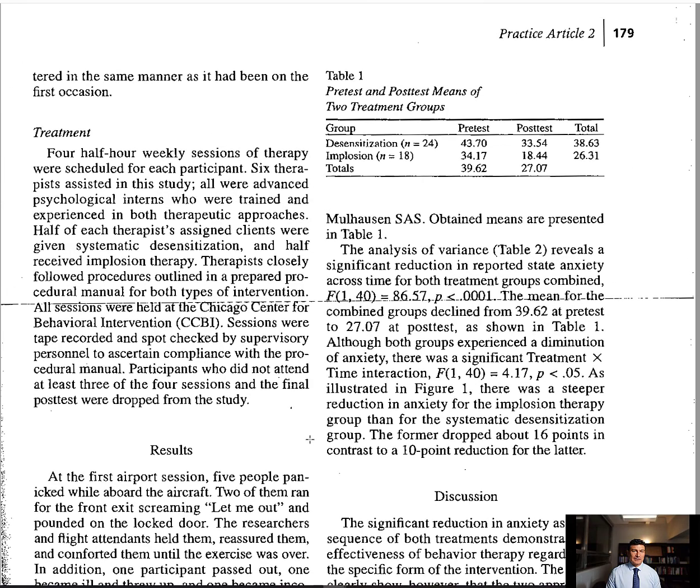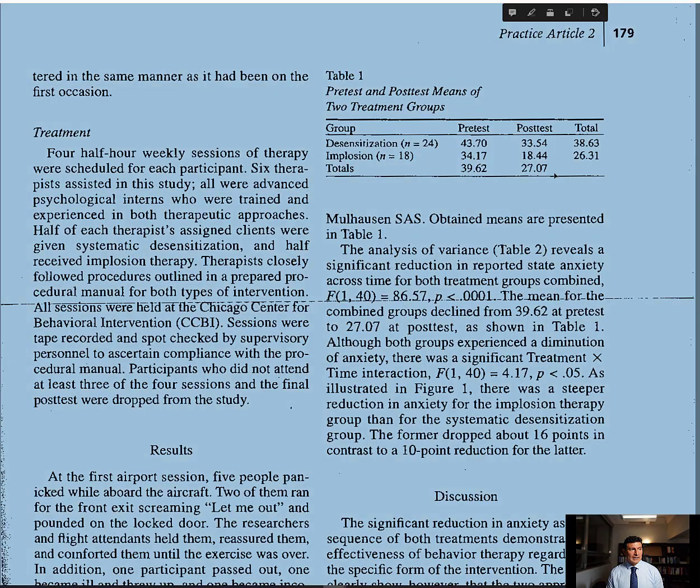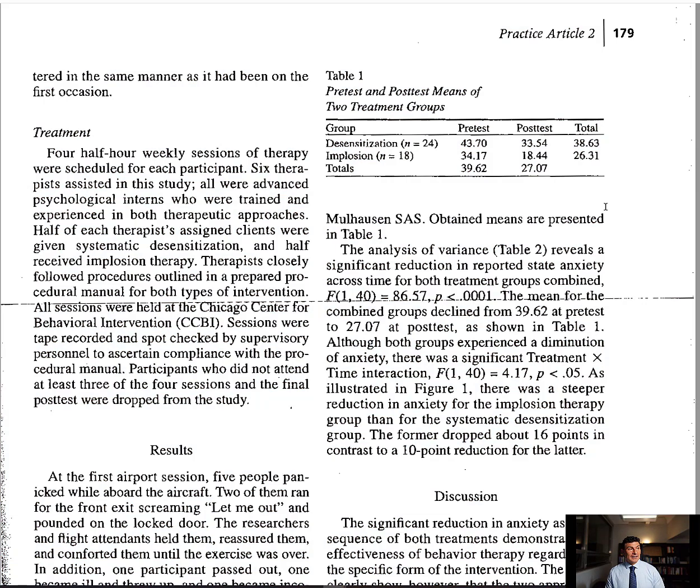When I read results, I can go ahead and read through this, but for the most part, authors put the most important results in figures and tables. So I'll often just look at the figures and tables and I can figure out what's happening in the study. If we look here at table 1, they have the scores for pre-test, post-test of the two groups.